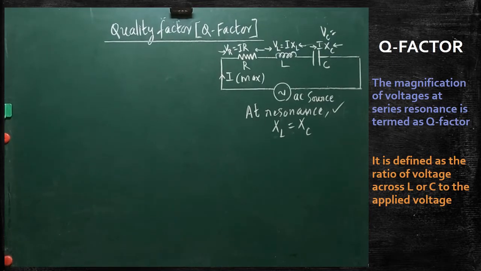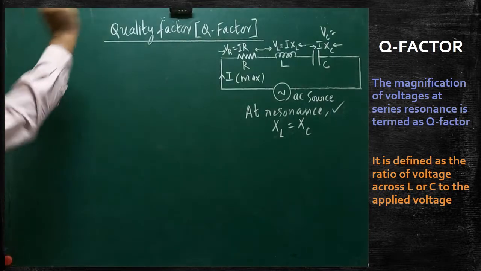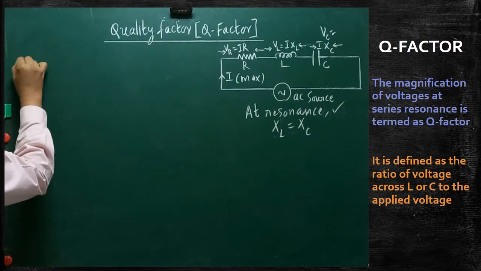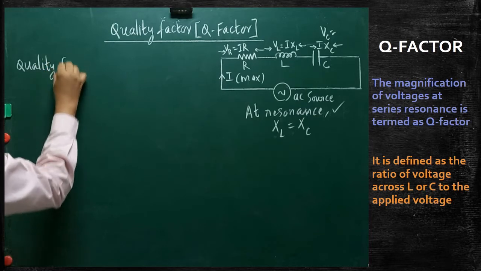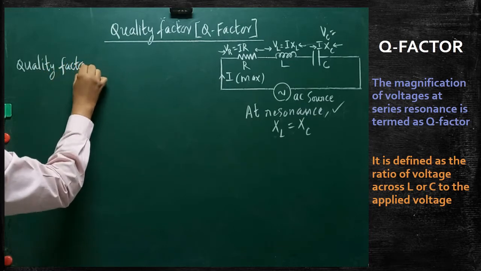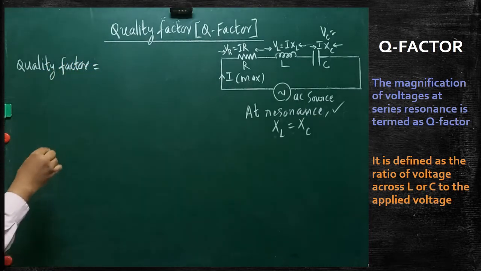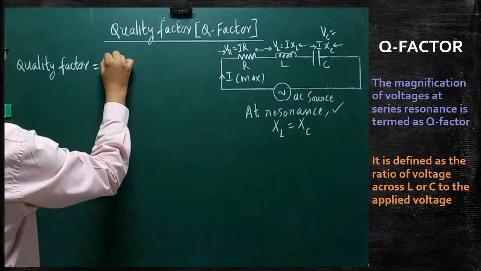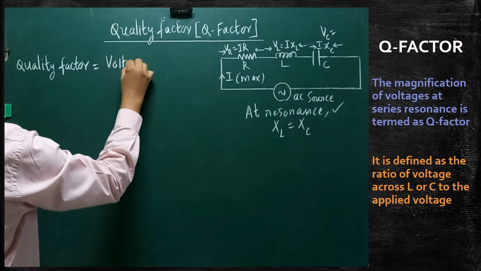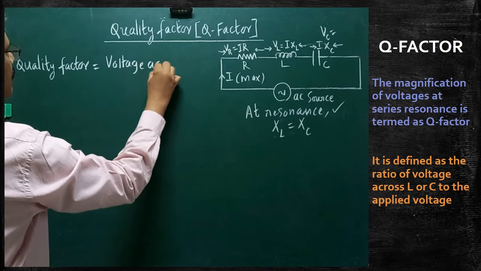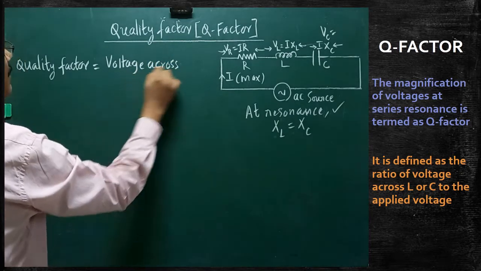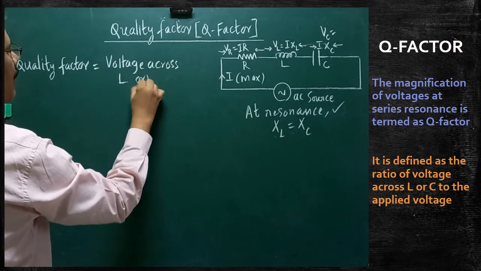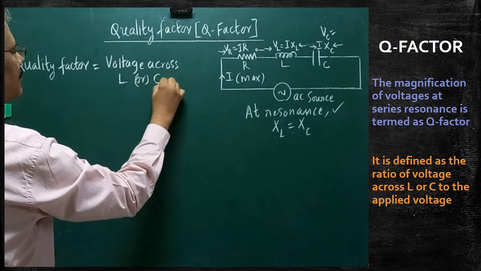Now we are going to define the quality factor. How to write the formula? How to define it? In the numerator we have to write the voltage across the inductor or the voltage across the capacitor.